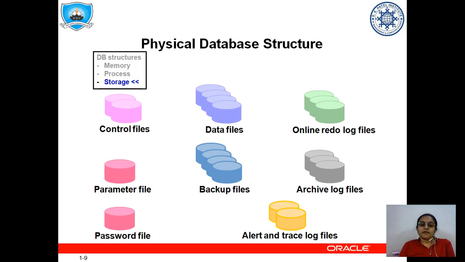Now let's talk about control files. Control files consist of all Oracle database related configuration parameters. All these parameters are required for the database to establish an instance in memory.